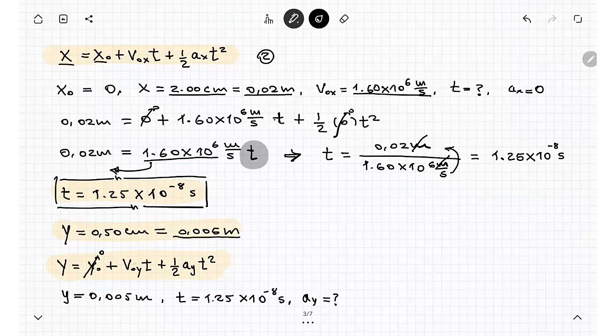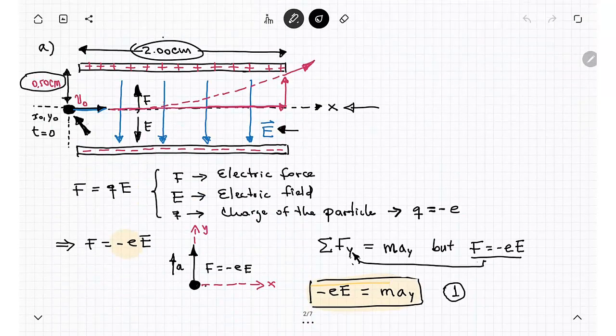Also, the initial speed along the y-axis is 0, because the particle started its motion, entering the region between the plates, with purely horizontal speed, as is shown here.